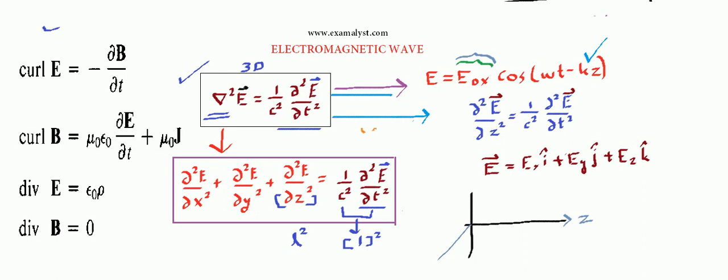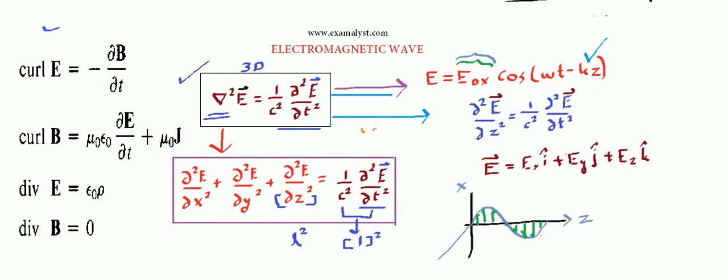So the vibration is taken along the x axis. So my electromagnetic wave looks like this. Here let me draw arrows indicating the increase of electric field with z, and then there is zero electric field here, and then the electric field oscillates in the reverse direction.